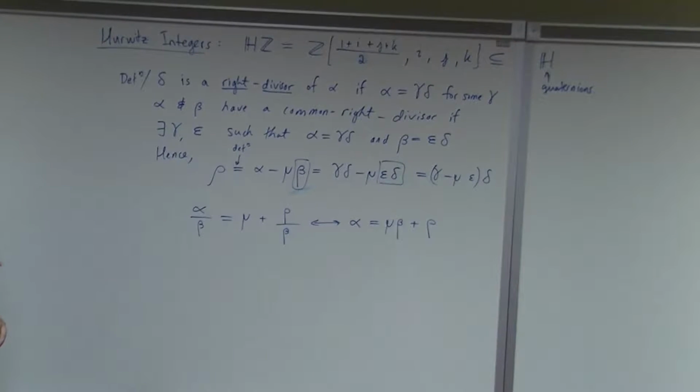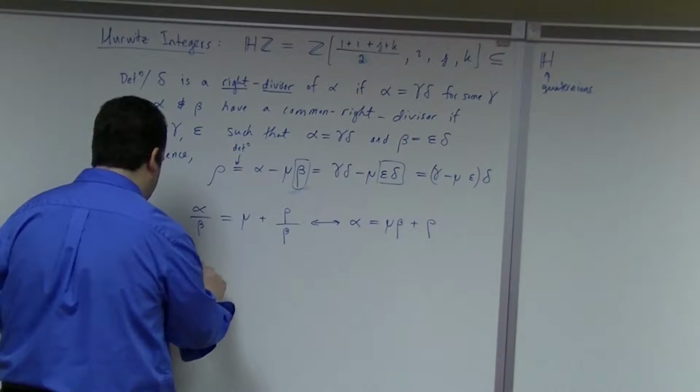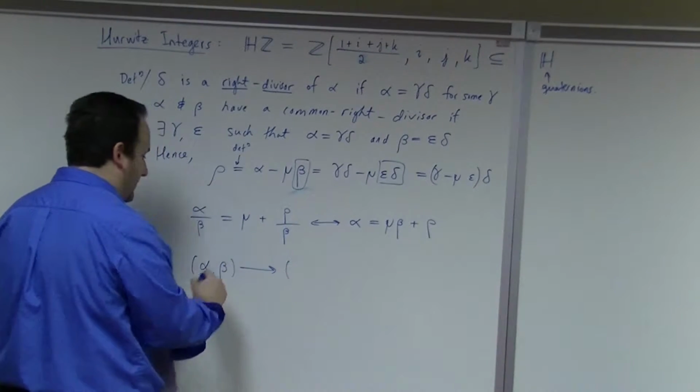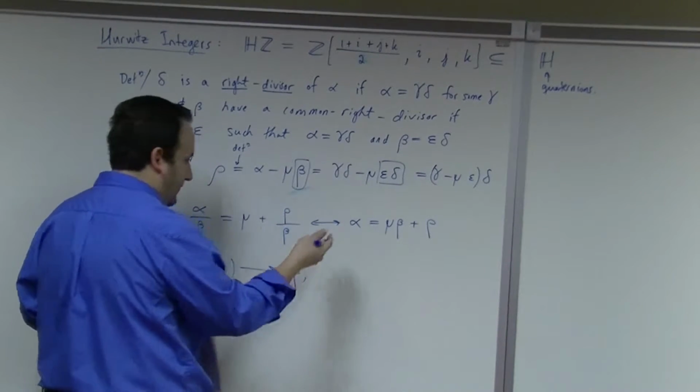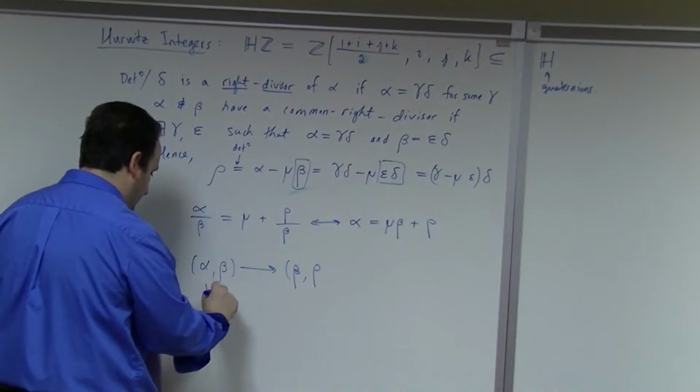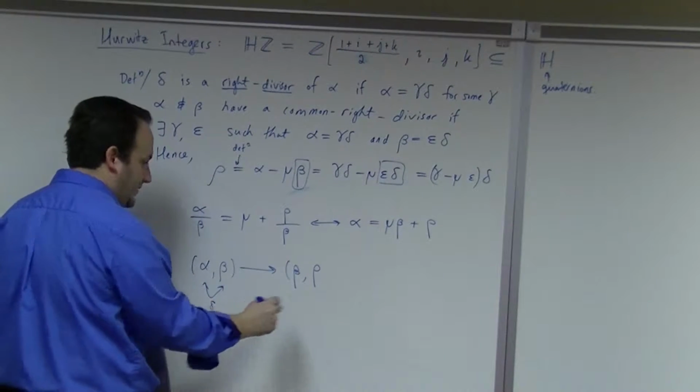But this is exactly what the Euclidean algorithm is logically based on, right? We start with a pair, so you start with alpha, beta, right? And then your next step in the Euclidean algorithm would be beta, and then the remainder, right? And so what this shows is that if delta is a common divisor here, guess what?